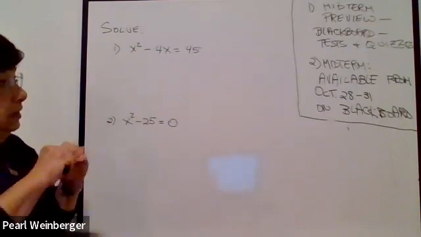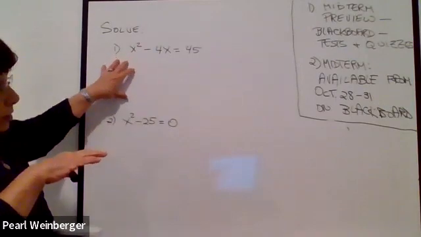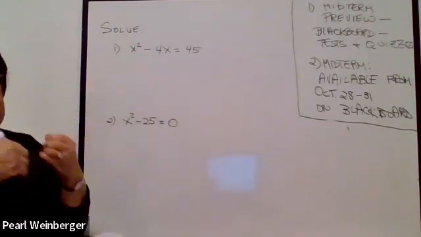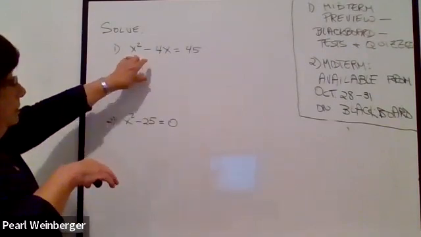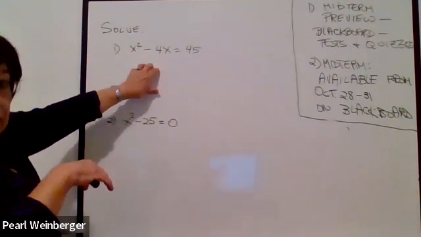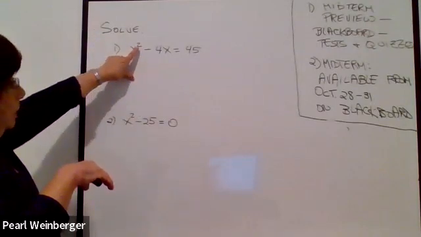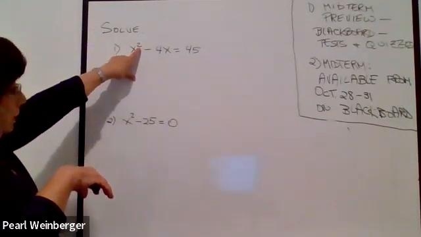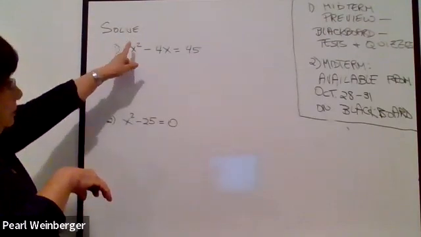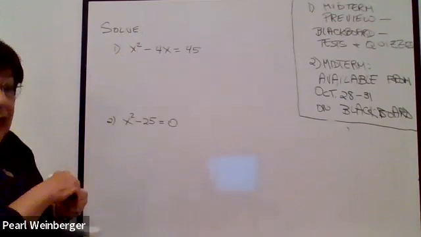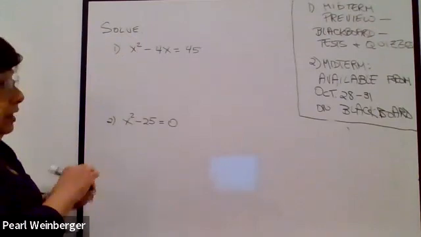And we're going to see that there are several uses for this ability to factor. One of them is solving quadratic equations. We know we have a quadratic equation when we have an x squared, or whatever our variable is, squared. There's an exponent, and we have to be able to deal with the exponent.